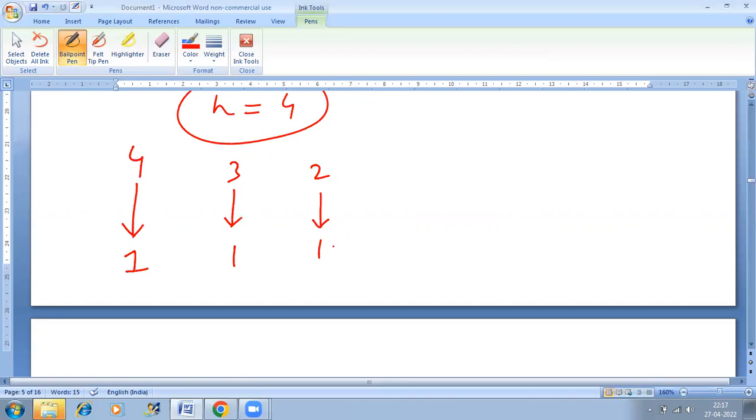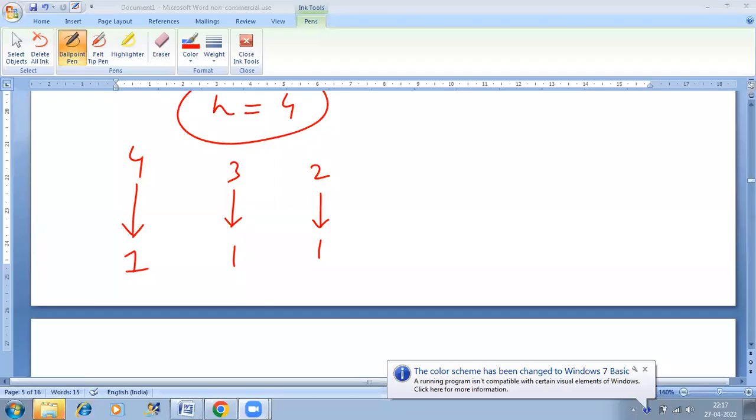Now ground state means the lowest value of n. So what happens if the transition happens from the fourth orbit till the first orbit?